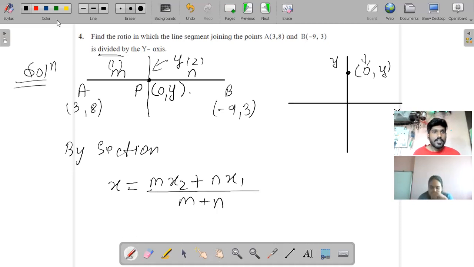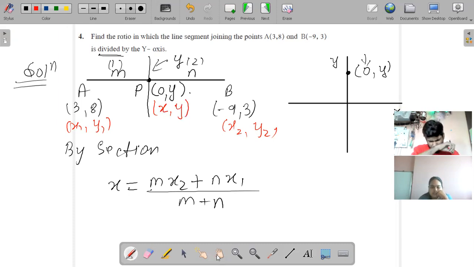This will be x1, y1, this will be x2, y2, and the point in the middle you take as x comma y. Now tell me what is x?